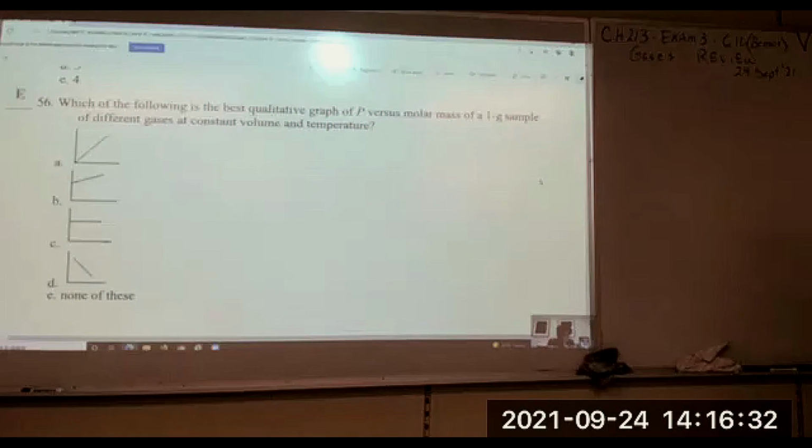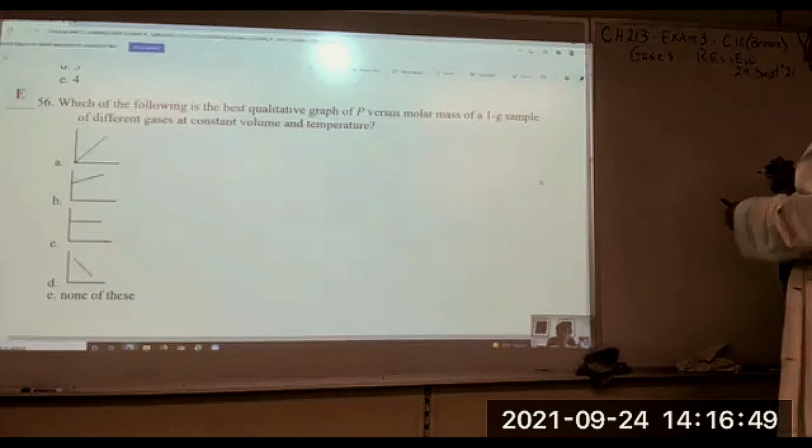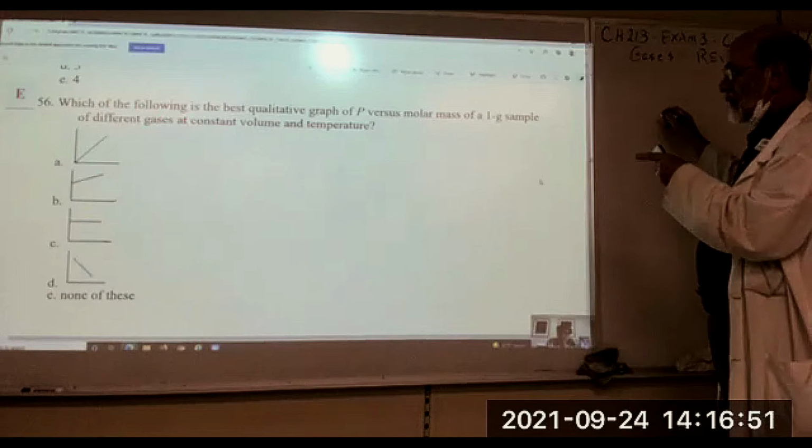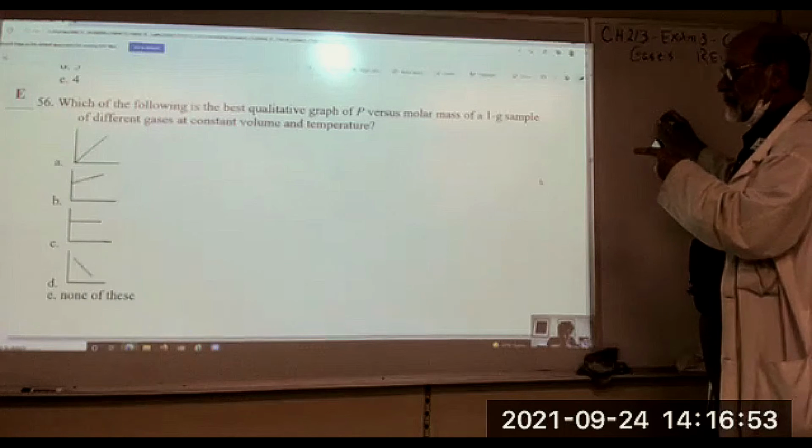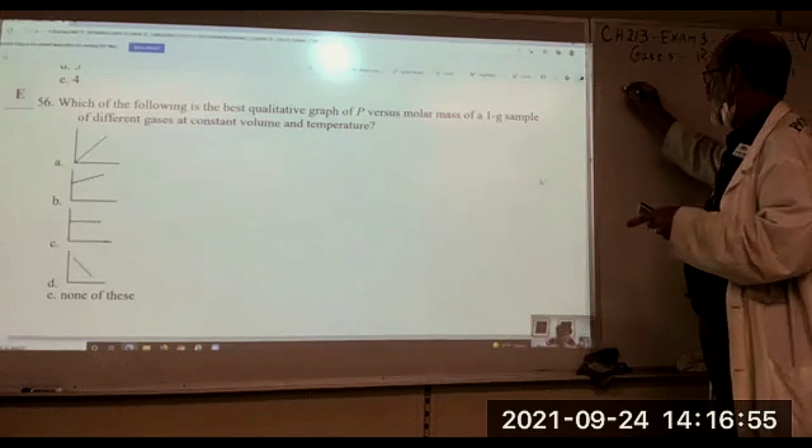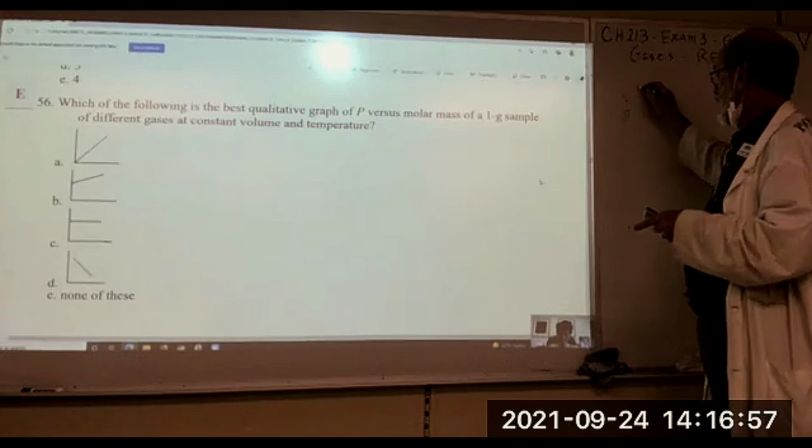Which of the following, and these are graphs having to do with gases, best qualitative graph of pressure versus molar mass of a 1 gram sample of different gases at constant volume and pressure. So volume and pressure are constant.